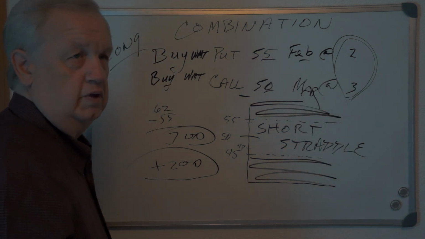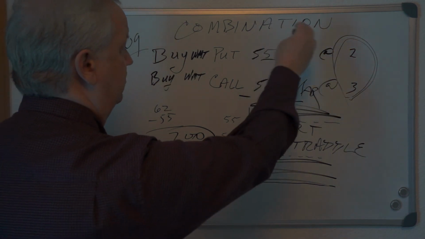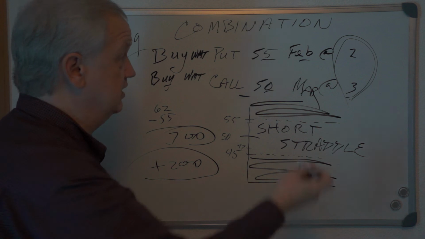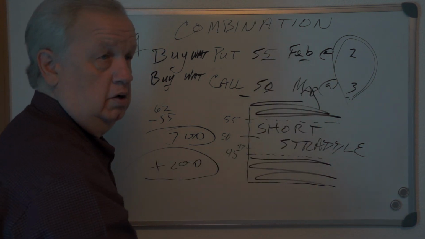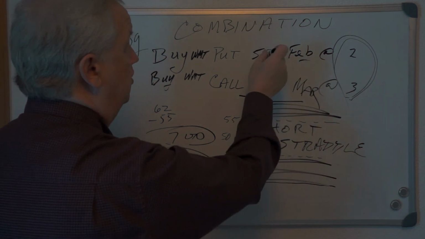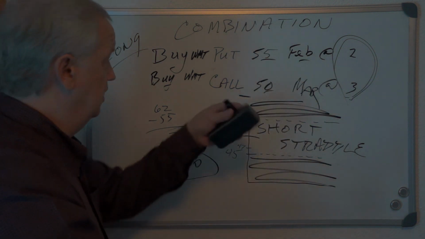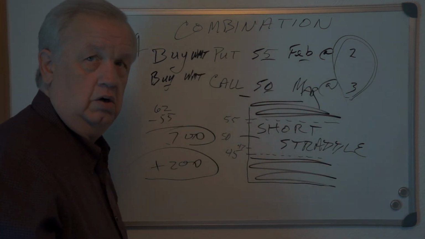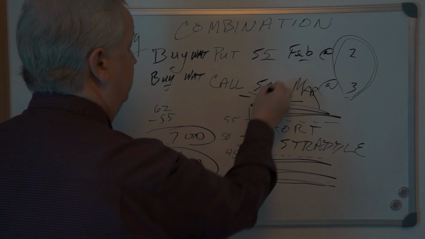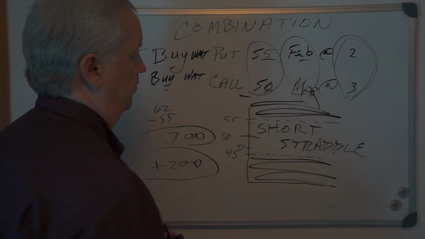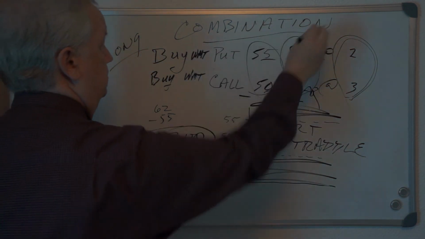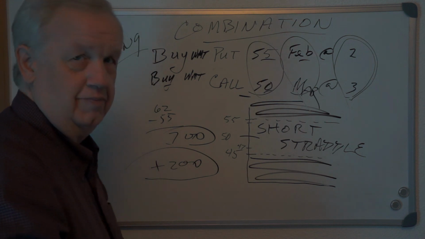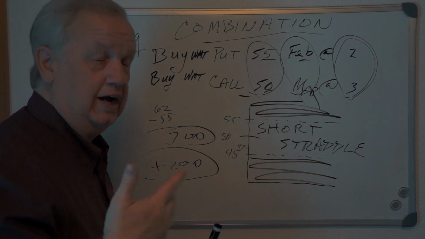Okay? So it has to have something different in these two things. It doesn't have to both be different. You can have February, 55-50, or the other way around. It doesn't matter. Just something is different here and here. And that's a combination. That's options identification.